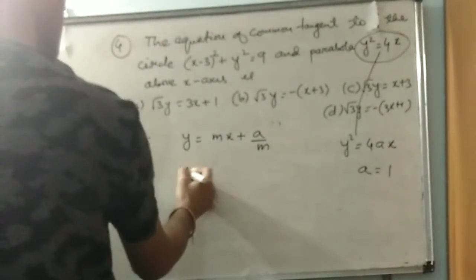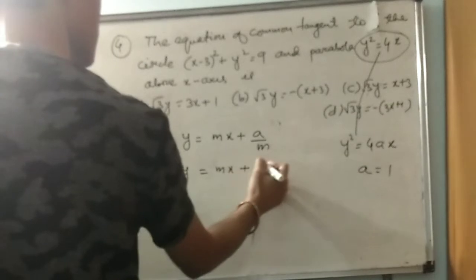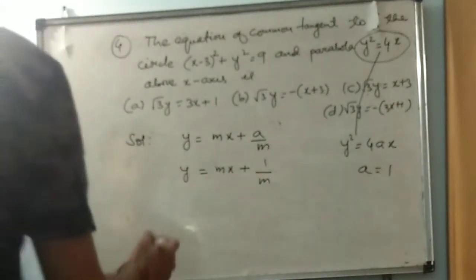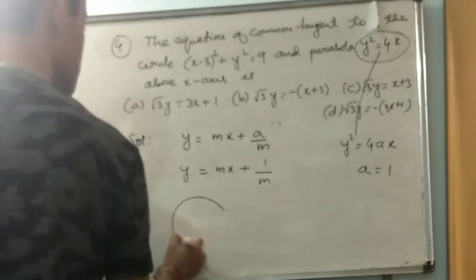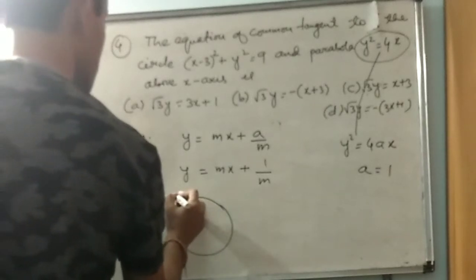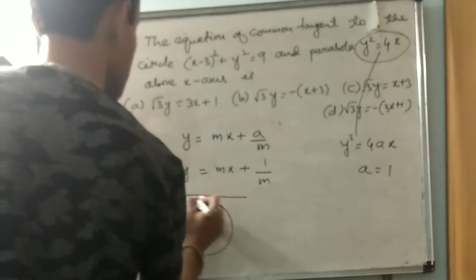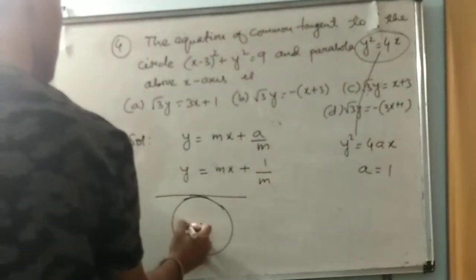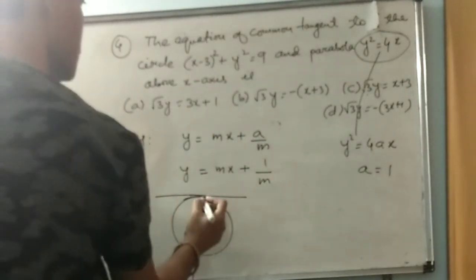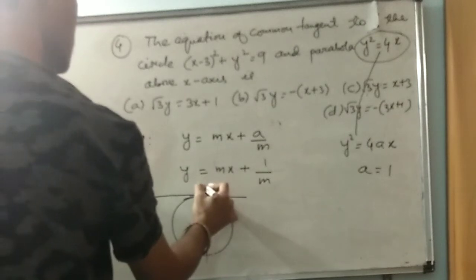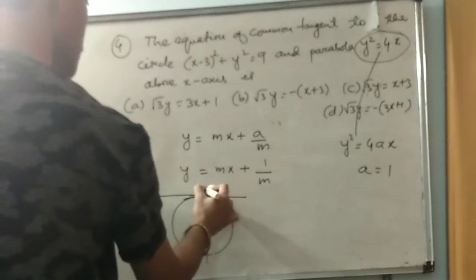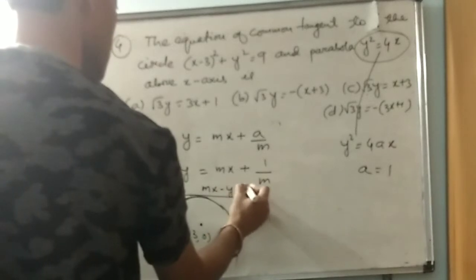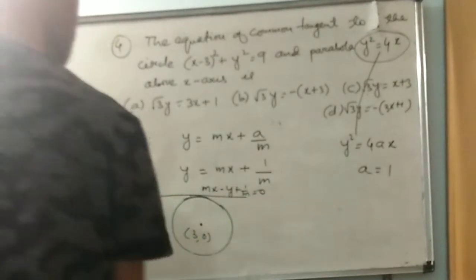Therefore, equation of tangent to this parabola will be y is equal to mx plus 1 upon m. Now we need to check the tangency condition to the given circle. The center of the circle is 3 and 0, and the equation of this tangent is mx minus y plus 1 upon m equal to 0.